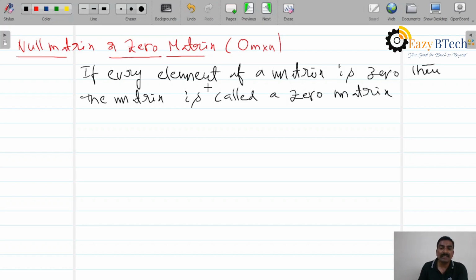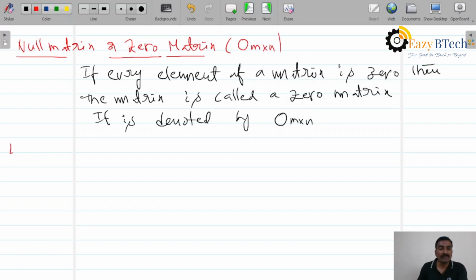It is denoted by 0 of m by n, where m means the number of rows and n means the number of columns.